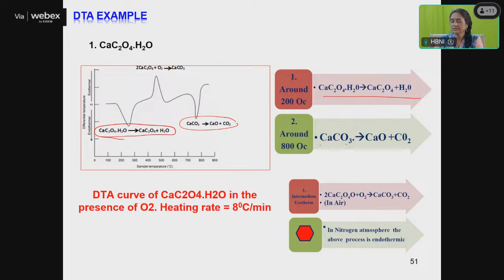Then around 800 centigrade, it will be decomposing. When it is in air, some intermediate will be forming, because without air, it is calcium oxide. With air, it will be forming calcium carbonate. And in nitrogen atmosphere, the above process is endothermic. I have given the example, and you can have a look at it.